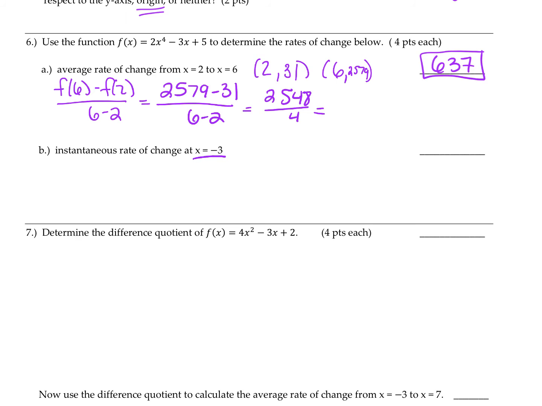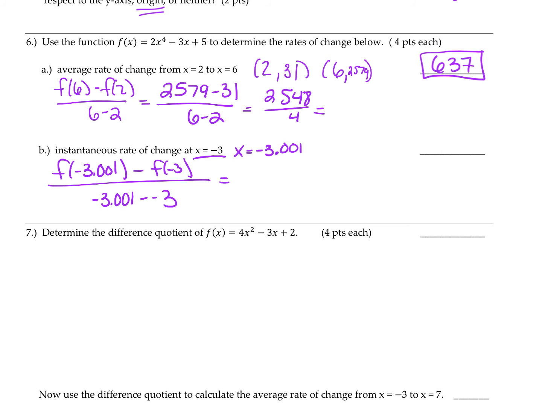Now, when we're finding the instantaneous rate of change at a specific point, we're going to use negative 3.001 as our second x value. So I'm going to find f of negative 3.001 minus f of negative 3 all over negative 3.001 minus negative 3.